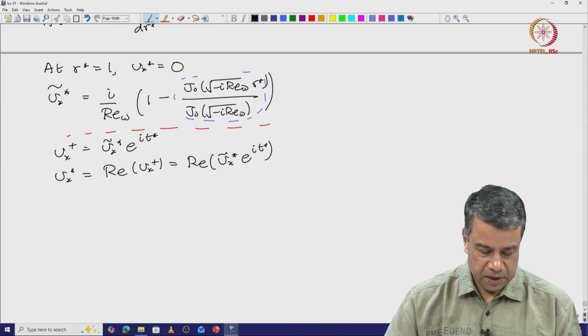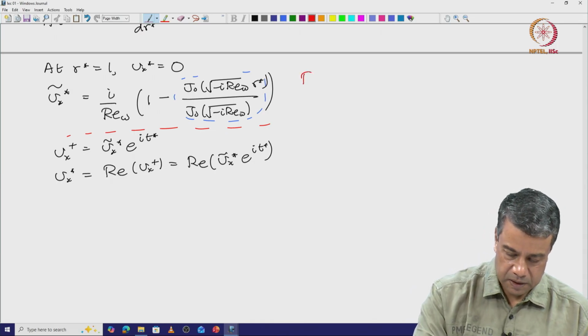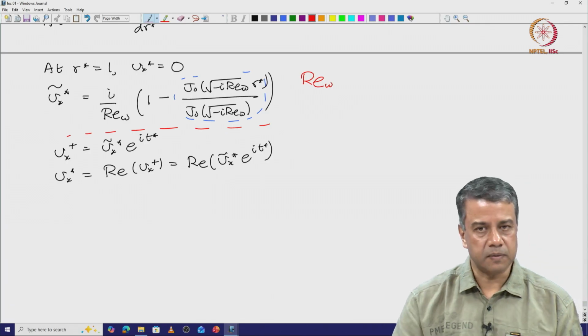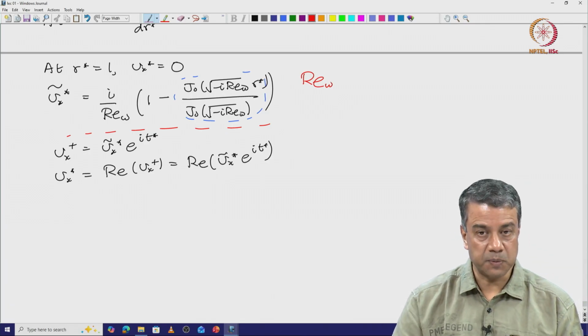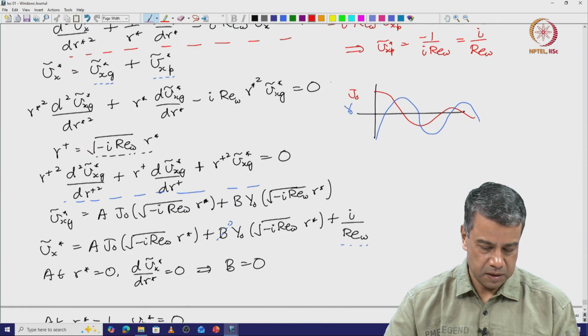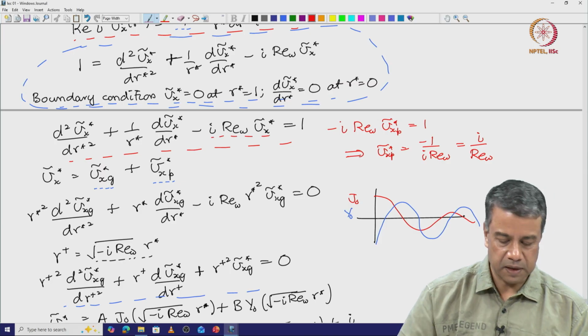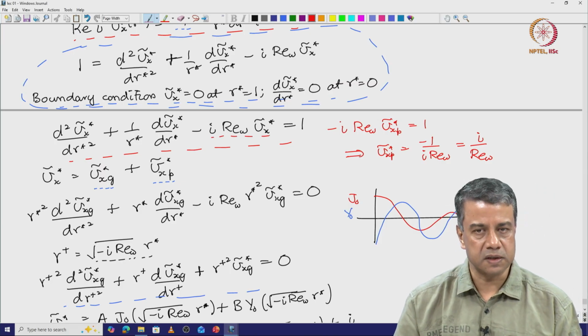Clearly, the velocity field is going to be a function of only one parameter, that is the parameter Re omega in the problem. That is the only dimensionless parameter. Note that this Re omega is the only parameter in the equation and the boundary conditions are homogeneous.